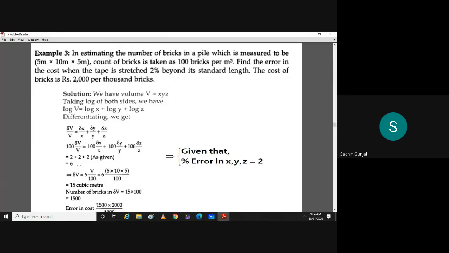Okay, so delta V is equal to 6 by 100 times V, where V is equal to 5 into 10 into 5, which turns out to be 15 cubic meter.